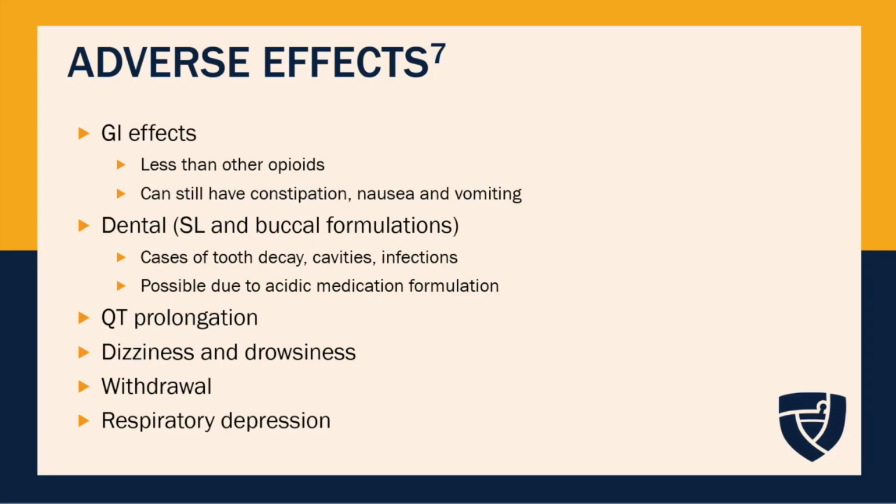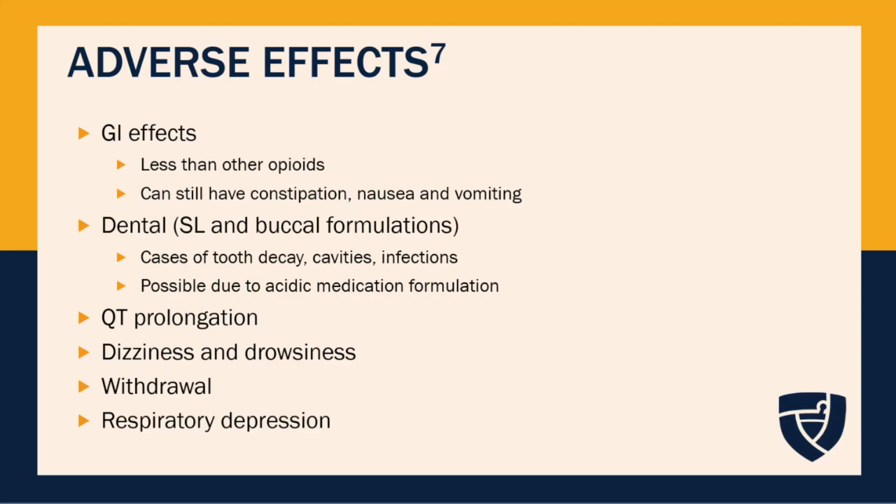For adverse effects, again, we see similar adverse effects to other opioids. However, it's seen much less than other opiates. You can still have constipation, nausea, and vomiting, but it's much lower incidence. One of the unique aspects of the sublingual and buccal formulations is that they can have some dental adverse effects, possibly due to the acidic medication formulation, such as tooth decay, cavities, and infections.